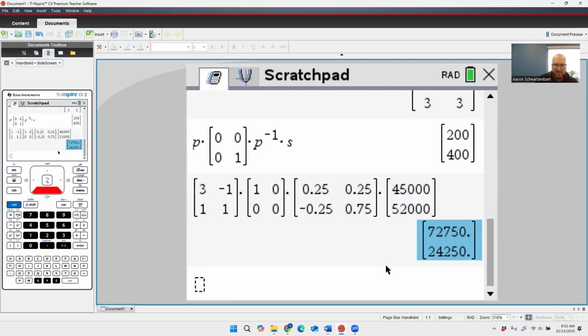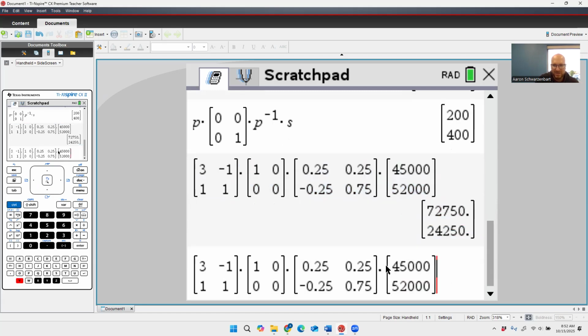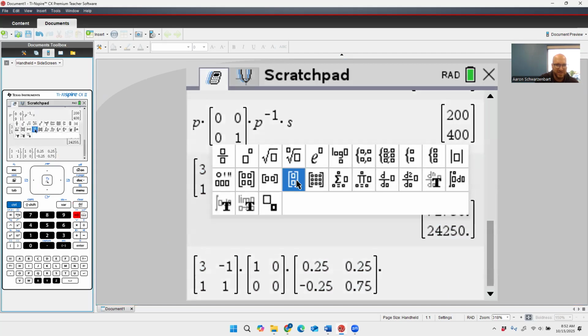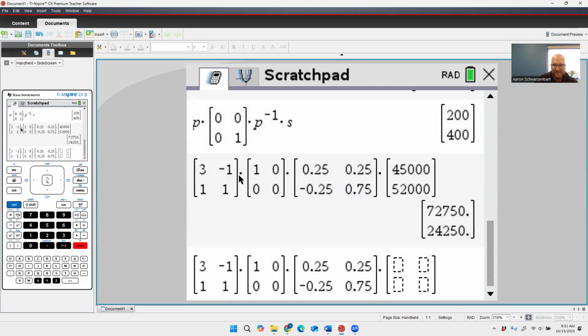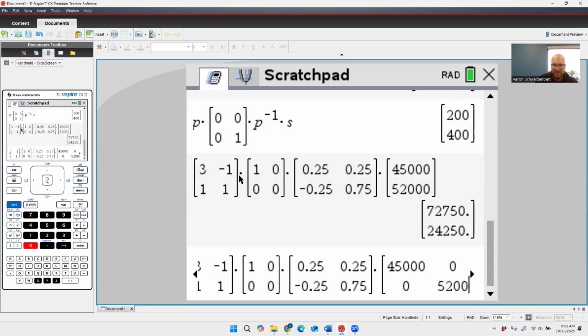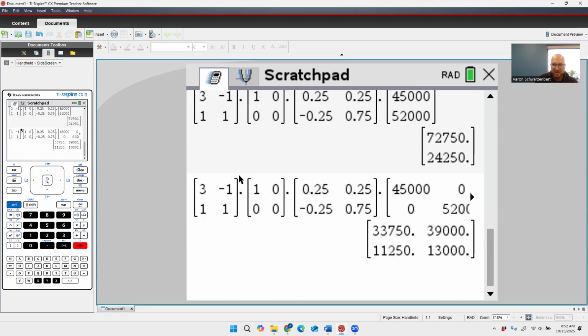I'm going to copy and paste and delete my final matrix, and let's put it in as a diagonalized version. I don't know if it's S in this. S is really the first one, but I think no, that does not work.